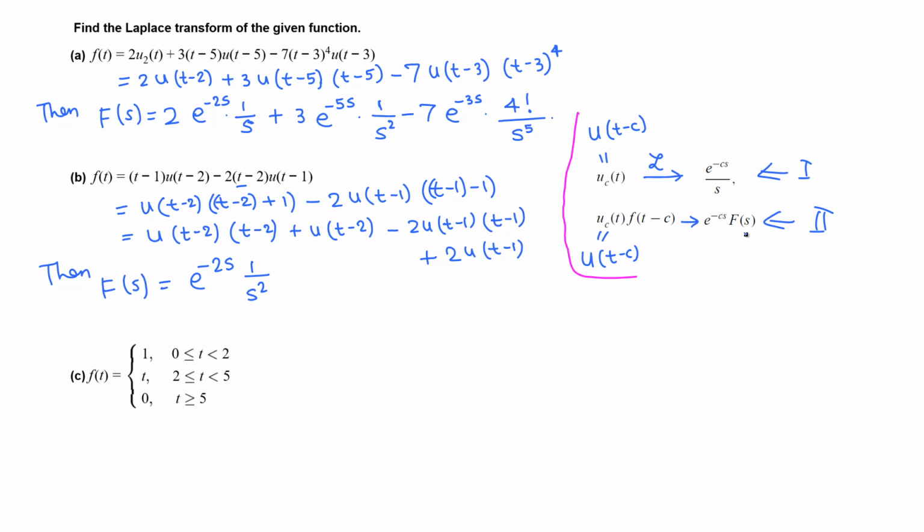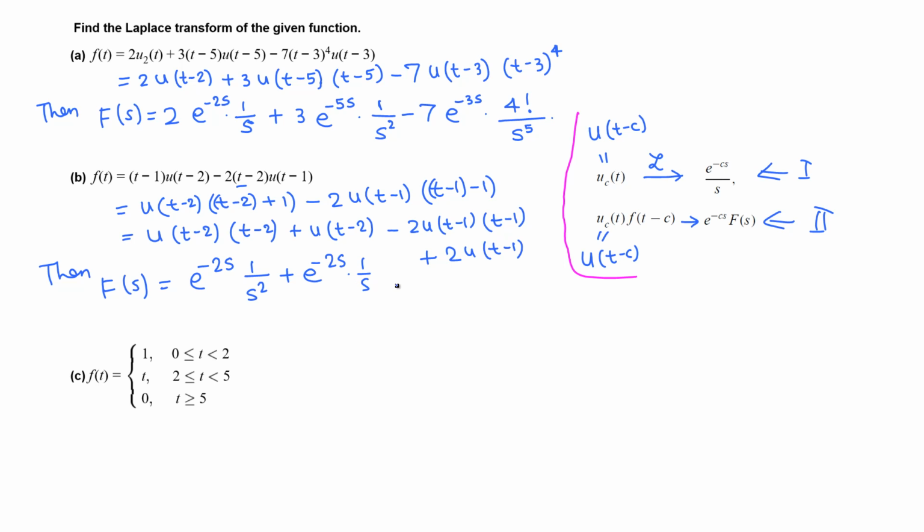That's F(s), the Laplace of this function, which is t. Plus u(t minus c), that's like number 1, just the unit step function at 2, so that's e to the negative 2s times 1 over s, which is the same as e to the negative cs over s.